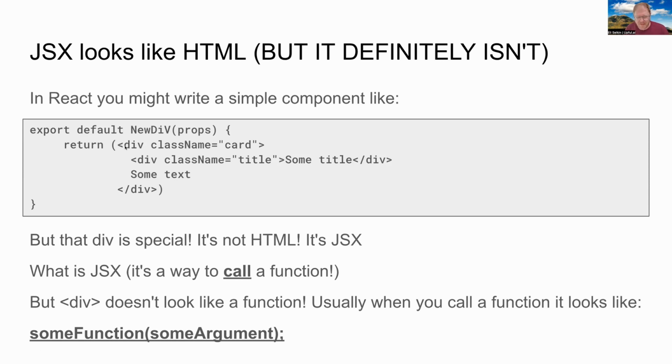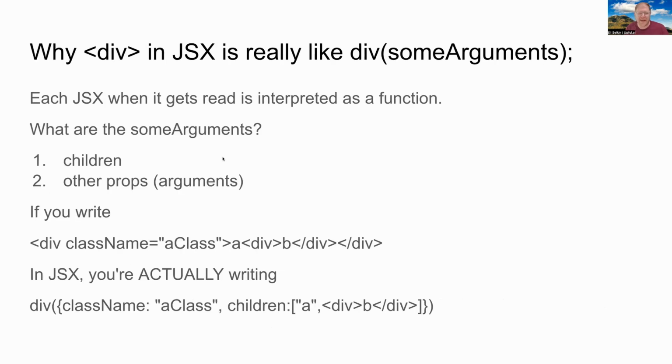So instead of thinking about it like HTML, you're actually doing a function call that's like some function with some arguments. And so what's inside of this div are actually arguments. And also what's in this path right here where we say class name equals card, that's also an argument. So you might say, hey, these don't look anything like arguments. Okay, so why is div and angle brackets in JSX really like calling some function called div with some arguments?